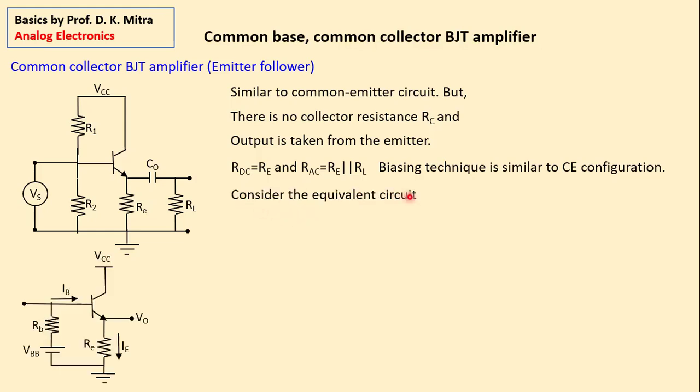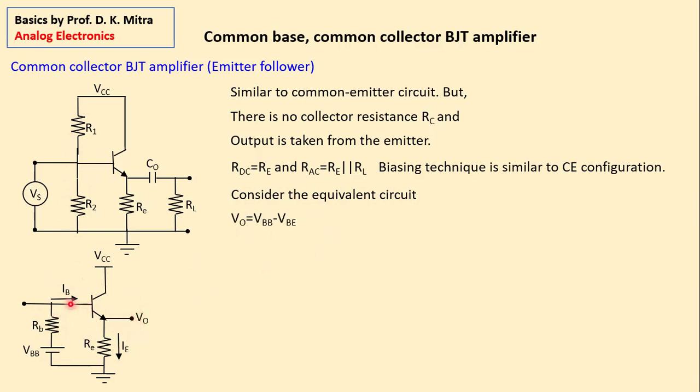Now consider the input equivalent circuit. This also you have seen earlier. The potential divider here creates a voltage VBB at the base, and these R1, R2 in parallel pose as a Thevenin equivalent of RB. Consider this equivalent circuit. Here what you find?